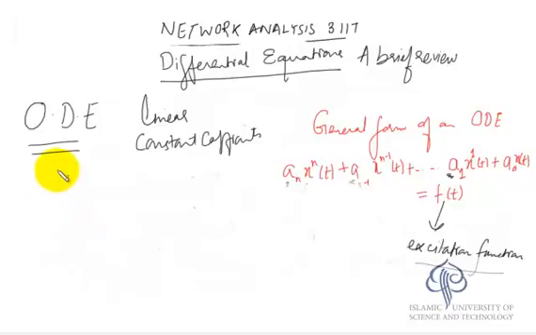If f(t) is identically 0, that means it is 0 for all times t, right? Then the right hand side of this equation becomes 0 and the differential equation is also homogeneous. So it's a homogeneous ordinary differential equation, which is linear and which has constant coefficients.